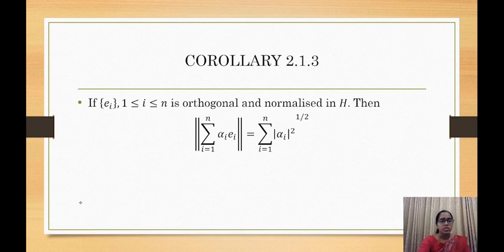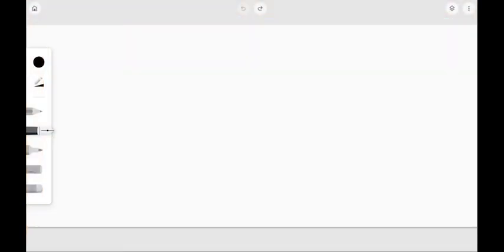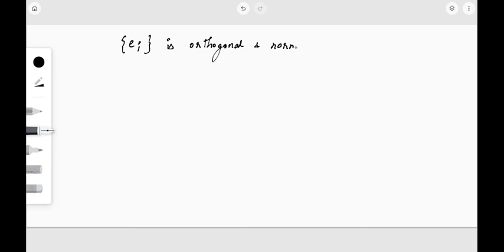Let us see what is given to us. We are given that the set e_i is orthogonal, and one more thing which is given is that it is normalized. What is meant by normalized?